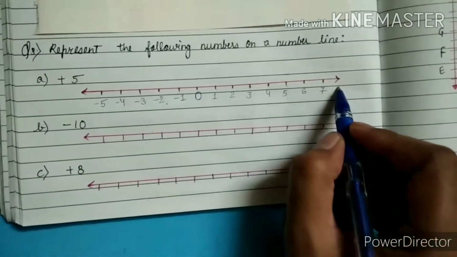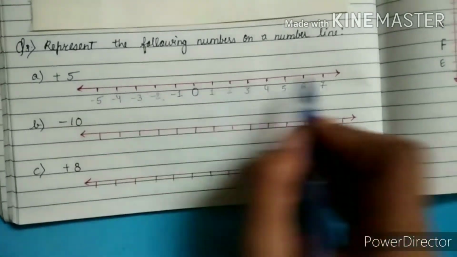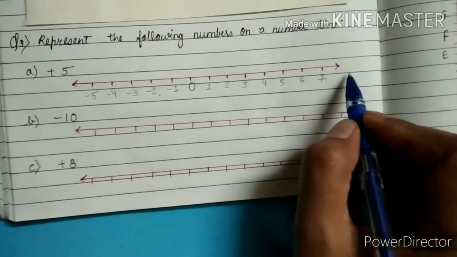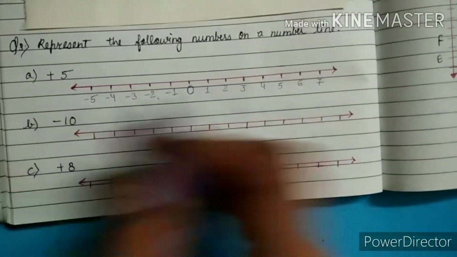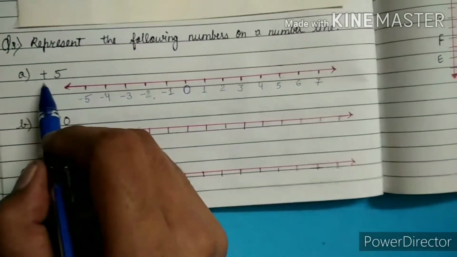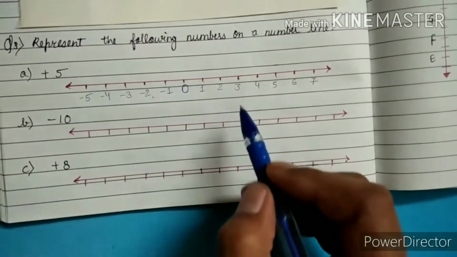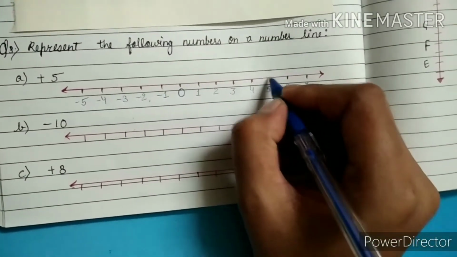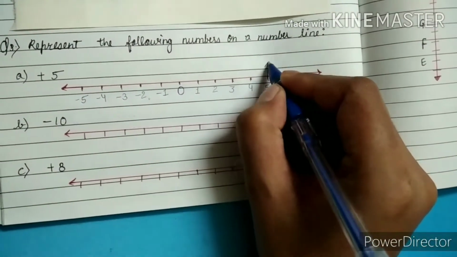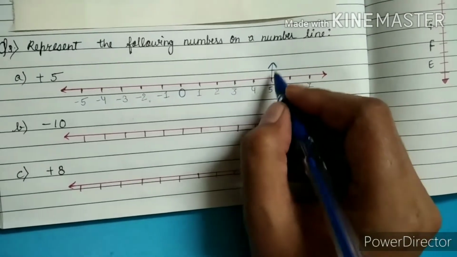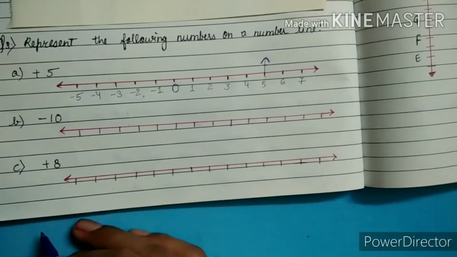These ending points have arrows, which means they are not stopping, they are continuously moving on both sides. Have you seen positive 5? Yes, here is positive 5. So this point, this arrow is showing positive 5.